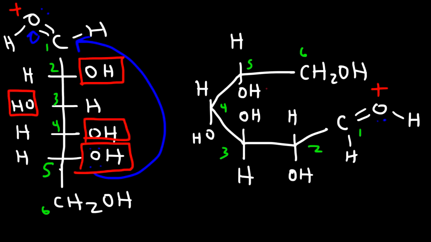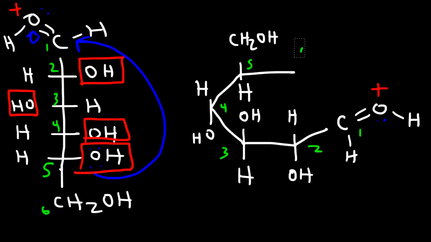So the OH group is going to be here, and then the CH2OH group will be here, and the hydrogen will be there. So let's get rid of a few things. So now the hydrogen is going to be in this position. The CH2OH group is facing the top now. And now here's the OH group.